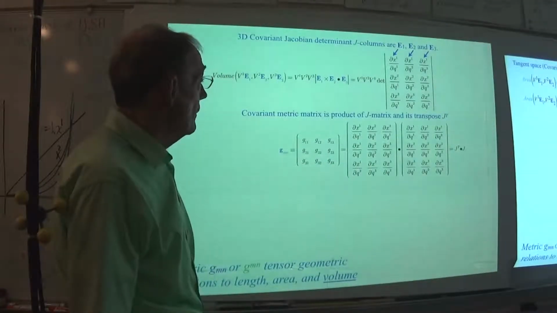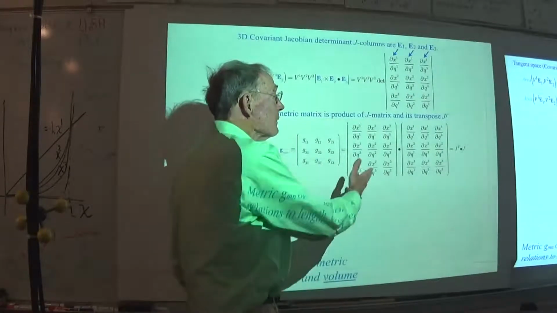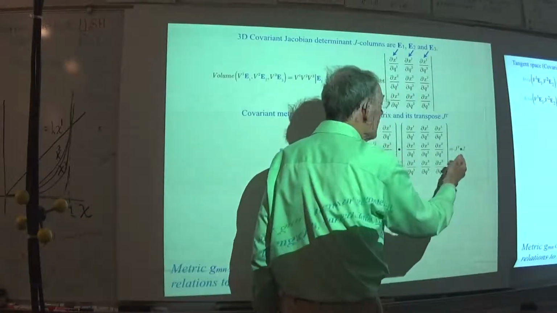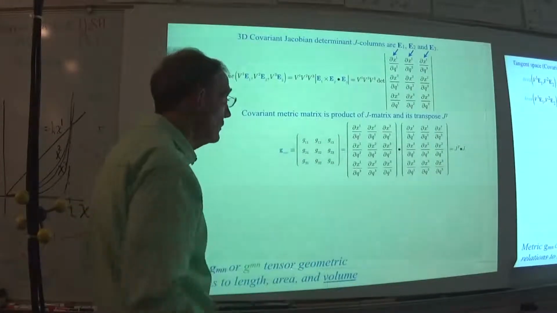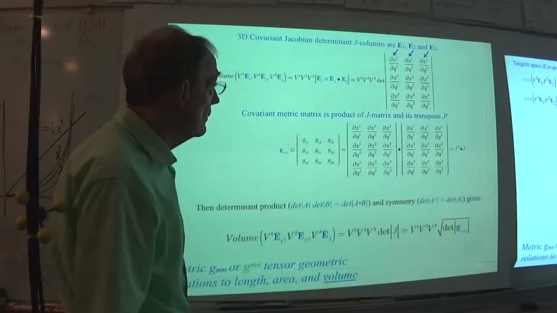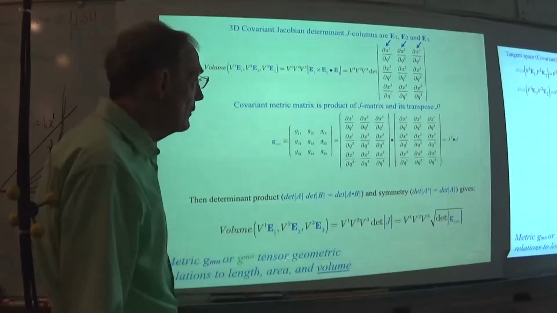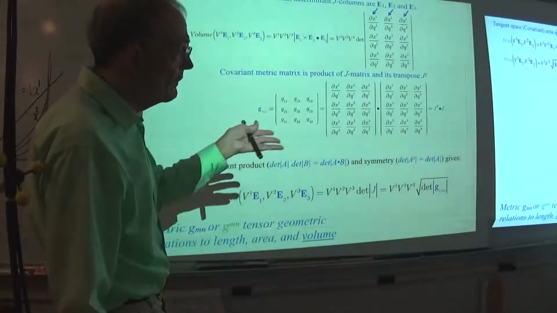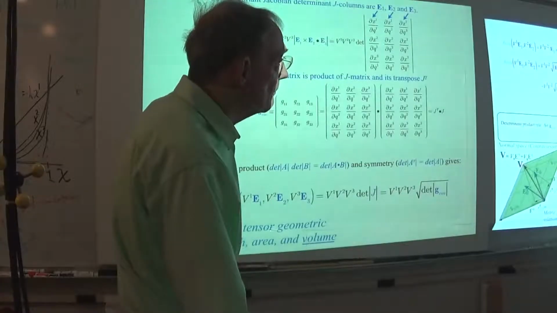Now, the metric tensor is the product of the Jacobian, J transpose dot J, or the flip of that if you're talking about contravariant things. That's a quick course in the geometry that's associated with this crazy system of covariant and contravariant vectors.